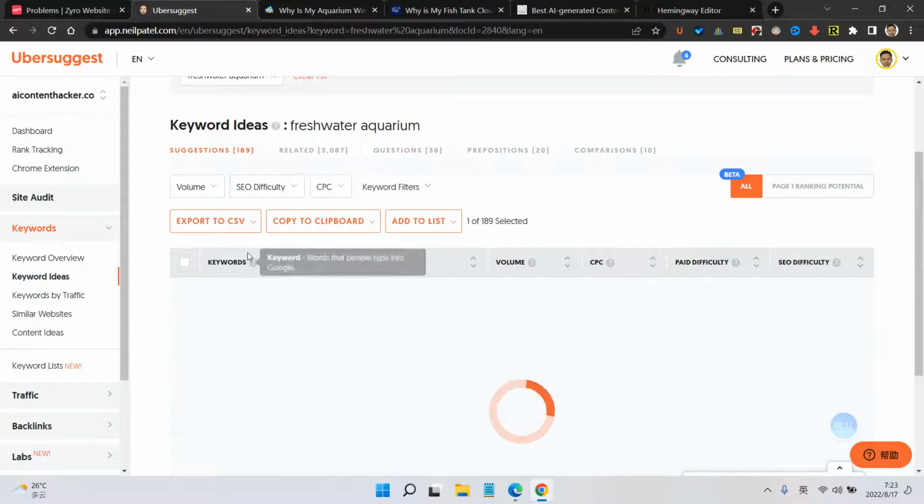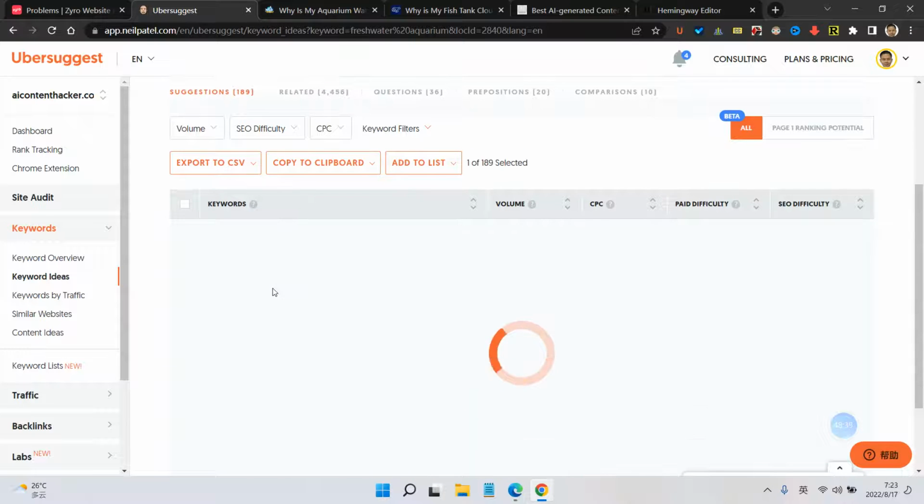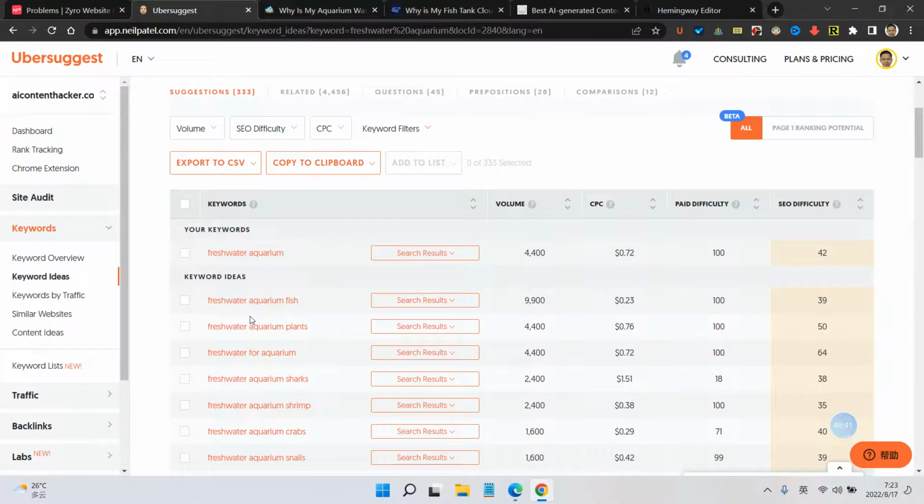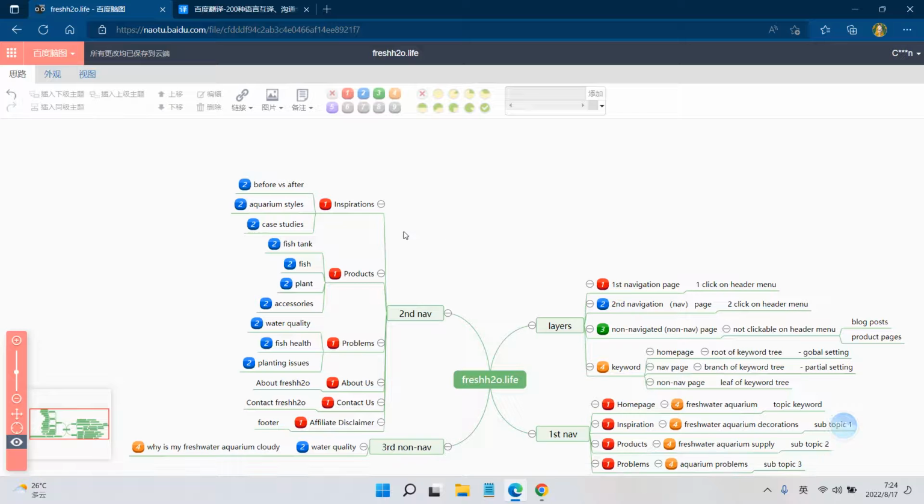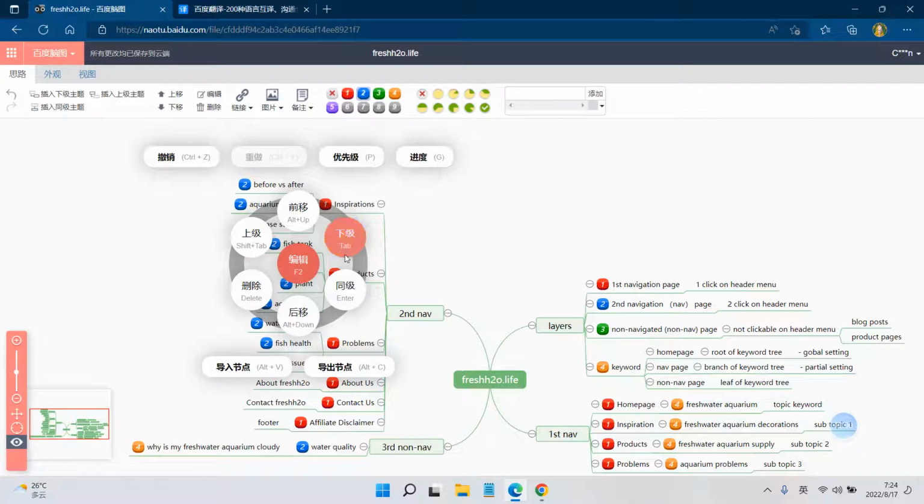So we go back to where it was. Like this one, it's 9,900. That's quite high for the aquarium, like this one. Freshwater aquarium fish has a lot more traffic than the homepage.